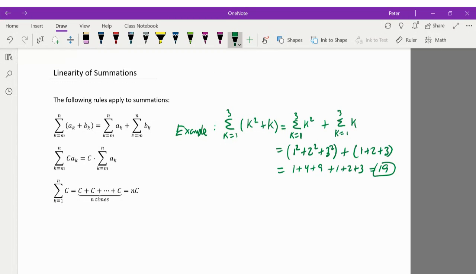And that's the same answer that I would have gotten if instead I had simply evaluated this directly. If I hadn't broken it up into the two summations and I had just treated the expression as k squared plus k, then I'd get 1 squared plus 1, 2 squared plus 2, 3 squared plus 3, and I'd get the same number, 19, because as you can see, I'm just adding up the same 6 numbers in a different order. So you can think of this as really just kind of the commutative property for summations.